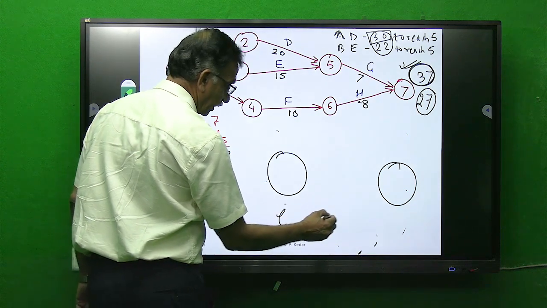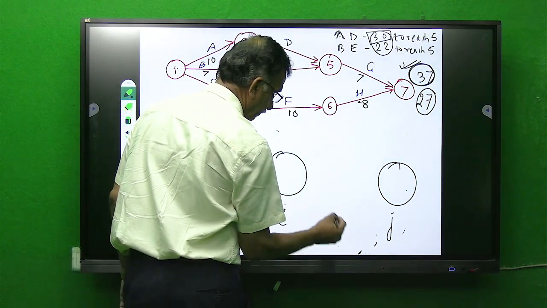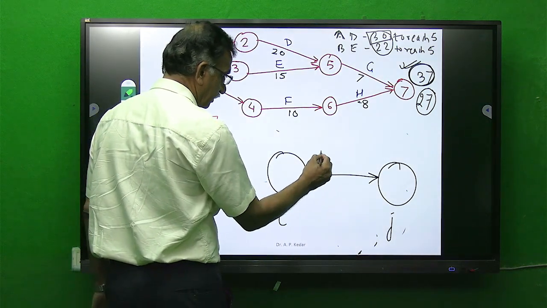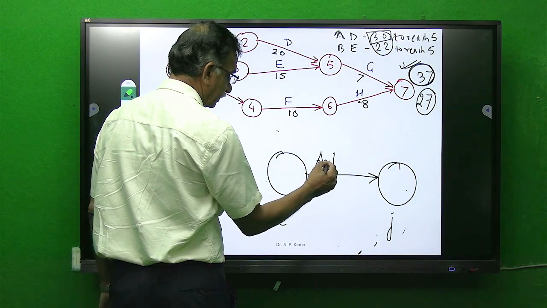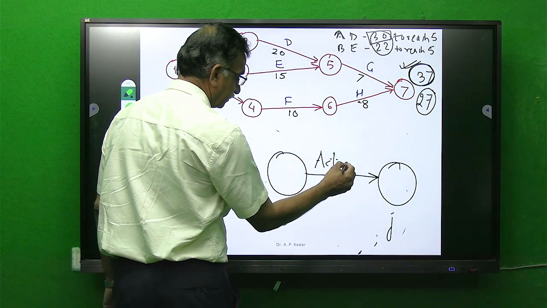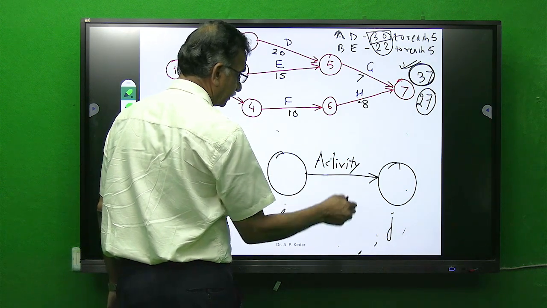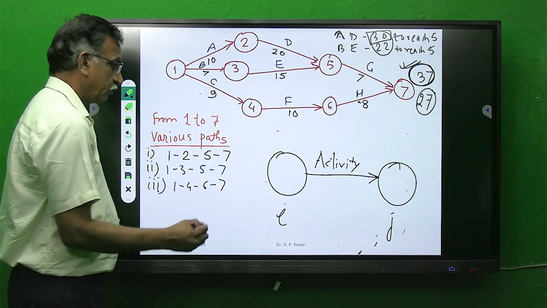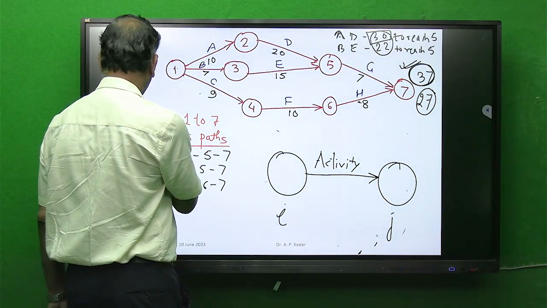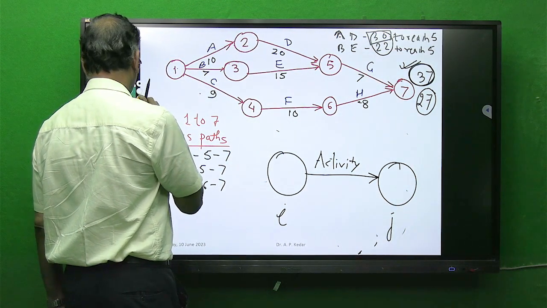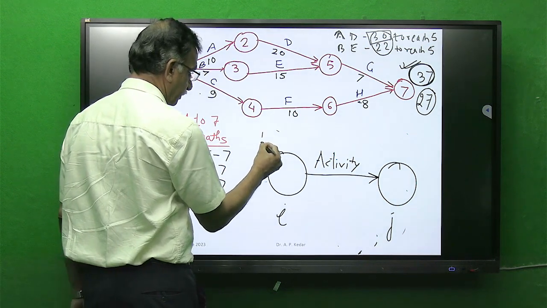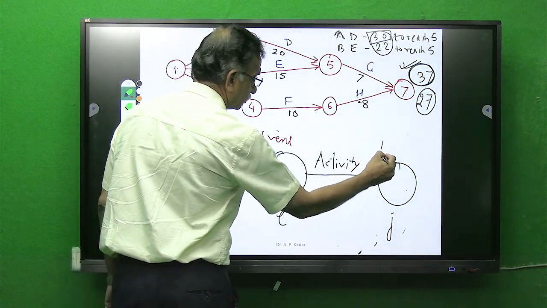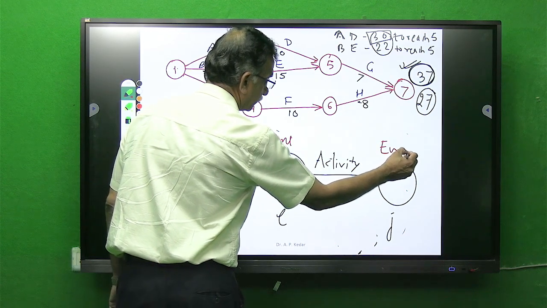Yesterday we saw this is I, this is jth, and this straight line arrow represents the activity.